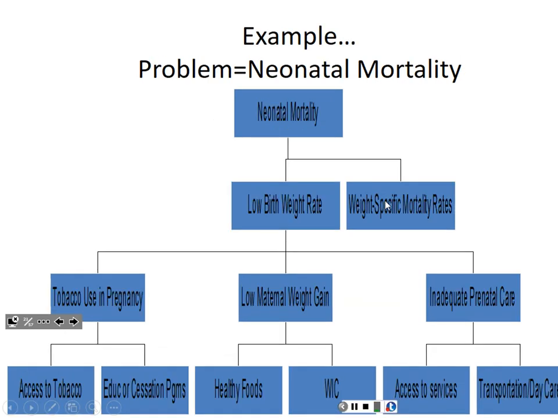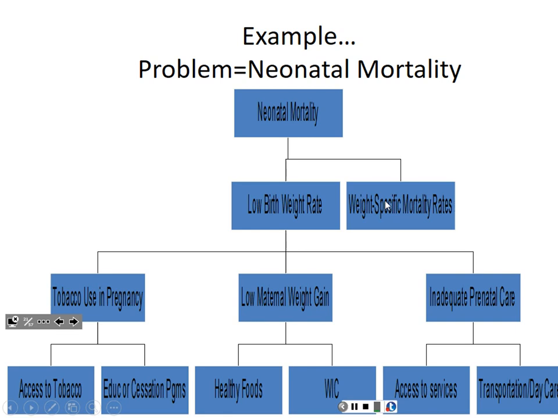You will recall in one of our examples, the problem was neonatal mortality. We identified two major determinants of neonatal mortality. Those are risk factors that directly impact the level of neonatal mortality in any given community. And then for our low birth weight determinant, we identified three direct contributing factors. And for each direct contributing factor, we identified two indirect contributing factors.